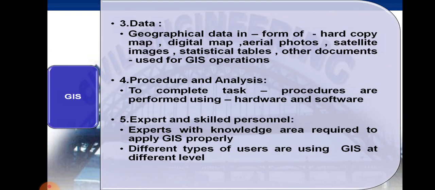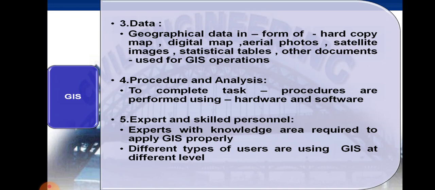Thus, the basic points are data, procedure analysis, expert and skilled personnel. Basically, geographical data, which is in the form of hard copy, maps, digital maps, aerial photographs, images from satellites, statistical tables and other documents, are used for GIS operations.